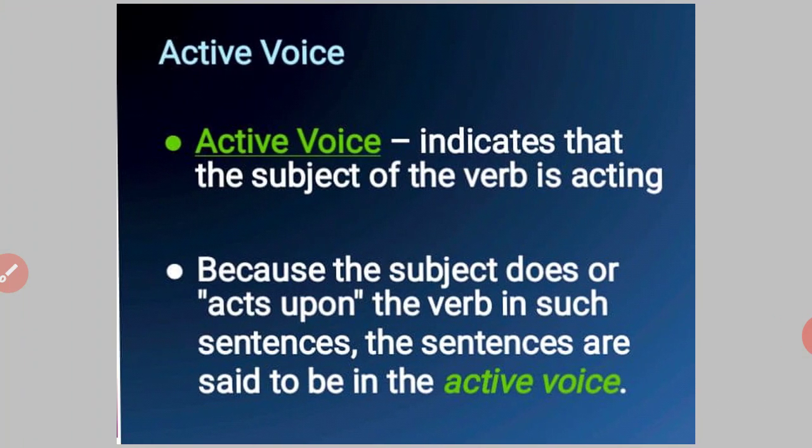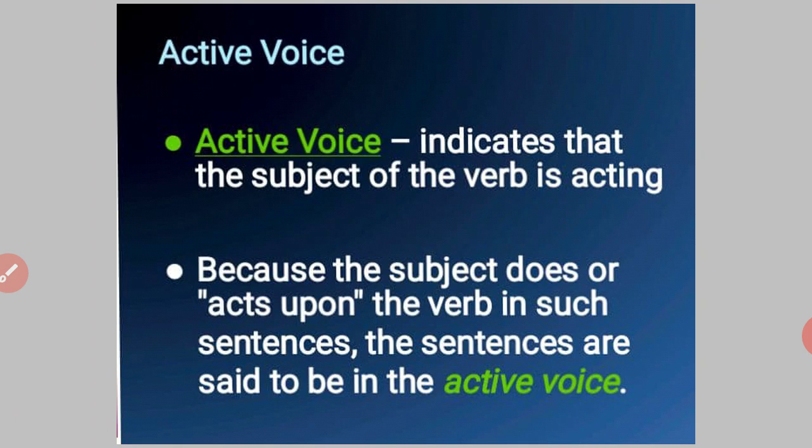First, active voice. Active voice indicates that the subject of the verb is acting. If there is a subject in a sentence, it is definitely performing a verb. If the subject is performing any action, then it is called your active voice. It means the subject is active. The subject is doing something.